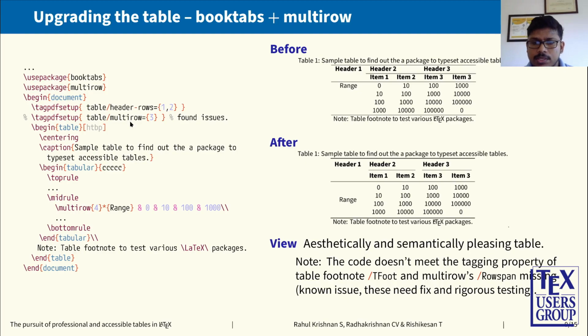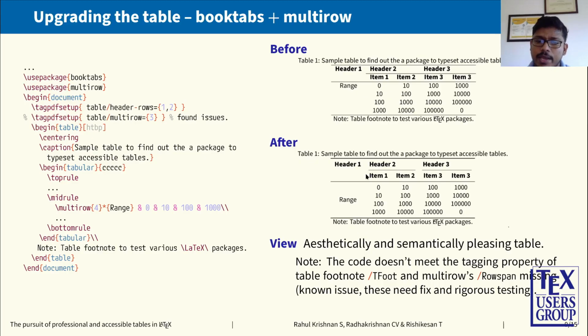At the moment, there is an issue with the tagging setup. I have checked in the LaTeX lab and they have written that this tag requires more testing and there are issues, so I have commented it out for the moment.